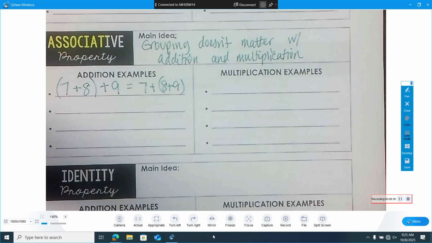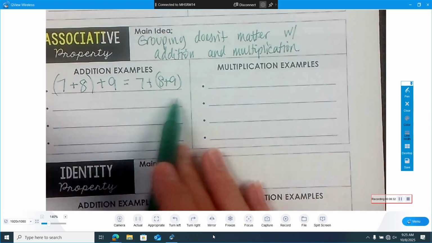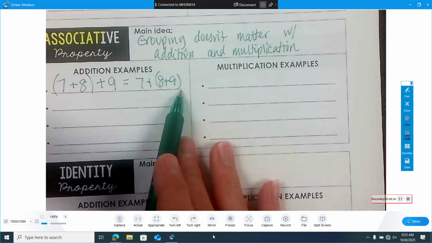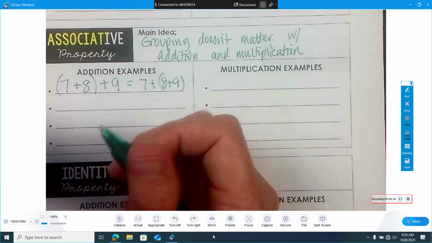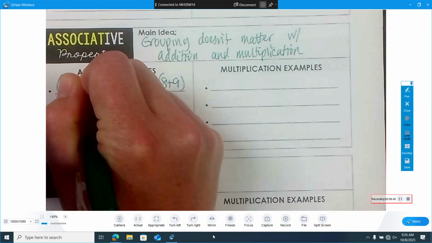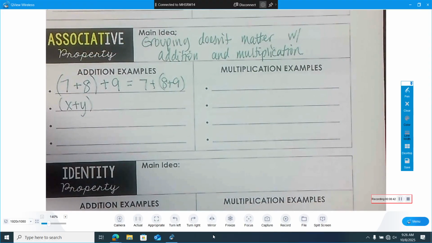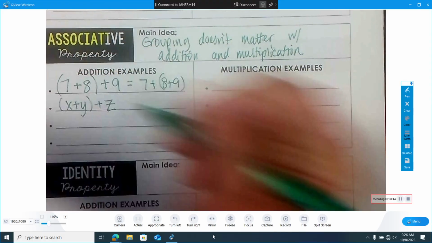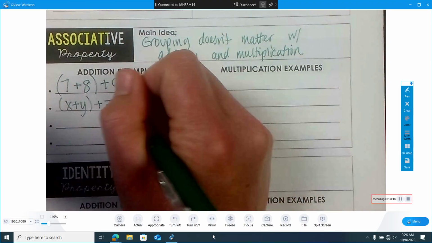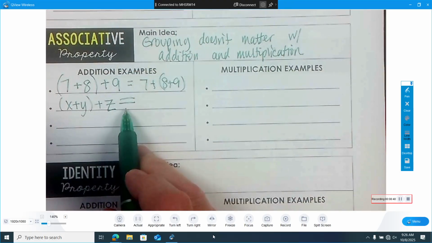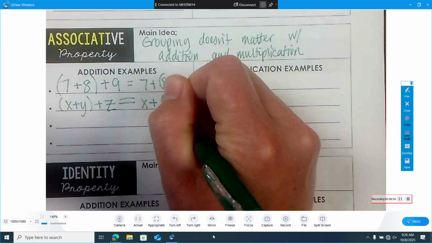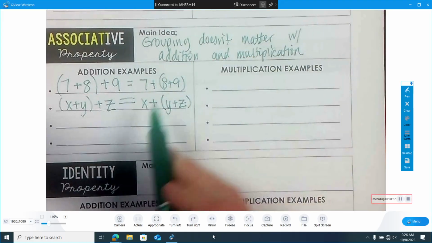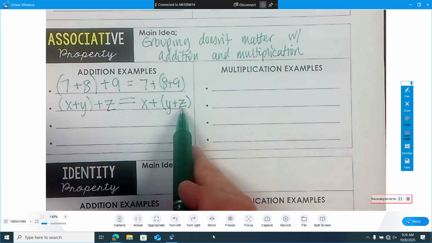All right. Super. Again, instead of using numbers, I can represent it using different letters. So maybe I'm going to say, x plus y, let me add those up and then add in z. And that's going to be the same as x plus the quantity y plus z.